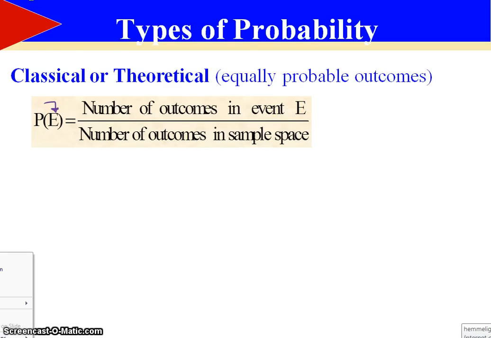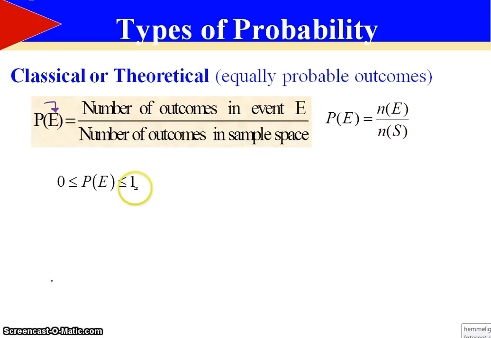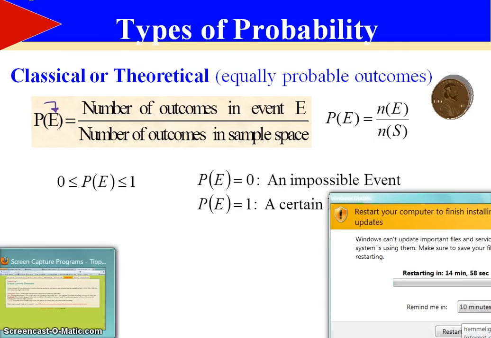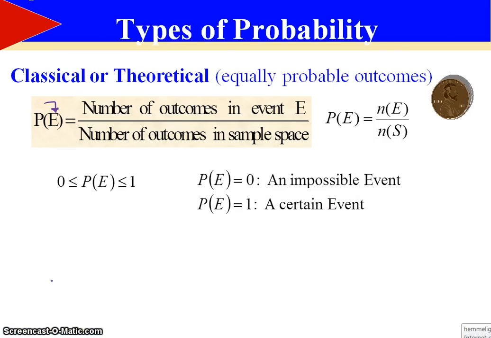And we'll go through lots of examples. So the notation is, the probability of E is the number of ways to get event E divided by the number in the sample space. All probabilities are a number between 0 and 1. 0 meaning it's not going to happen, it's an impossible event, and 1 meaning it is certain to happen.